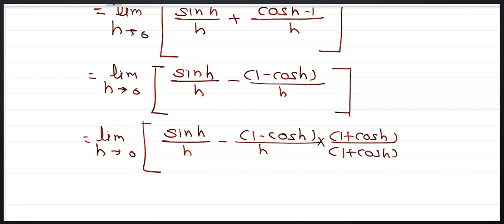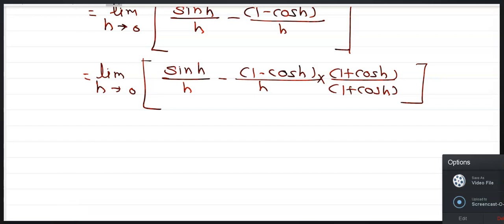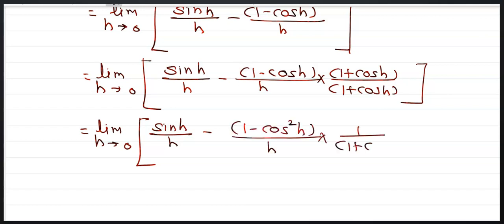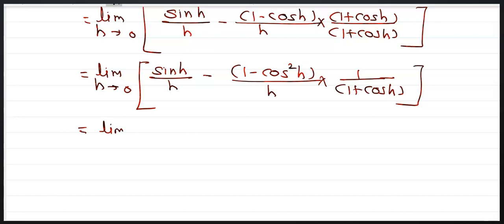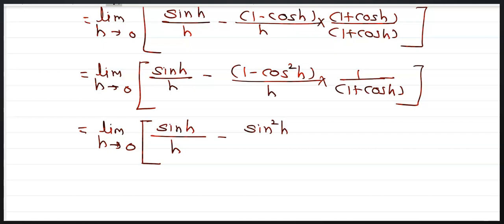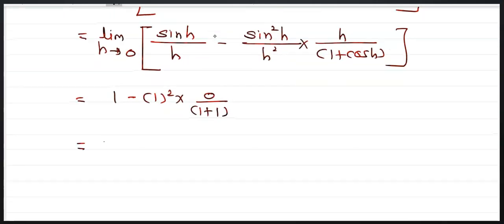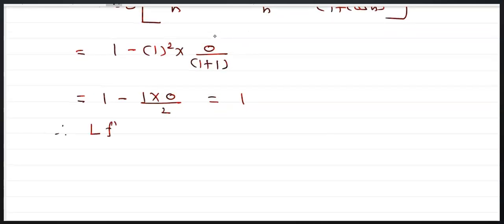That gives 1 minus cos square h upon 1 plus cos h, that is sin h upon h, sin square h upon h square, and overall we will get 1. That is the left hand side differentiation, equal to 1.